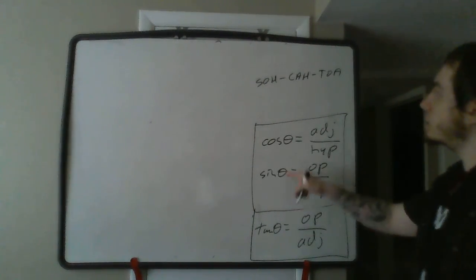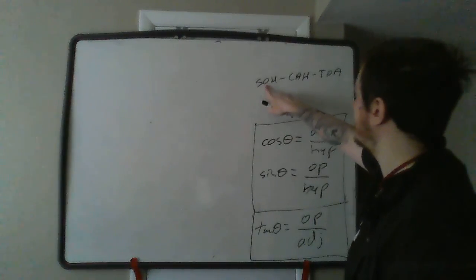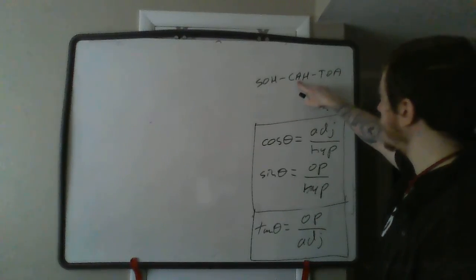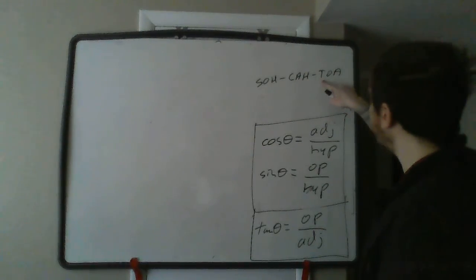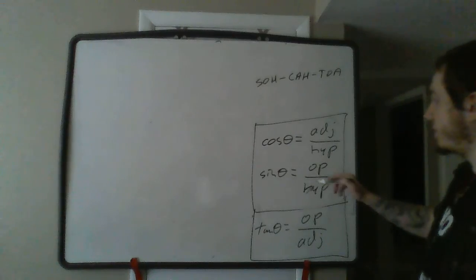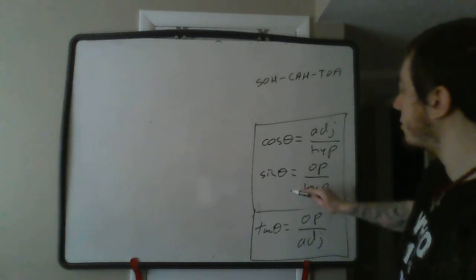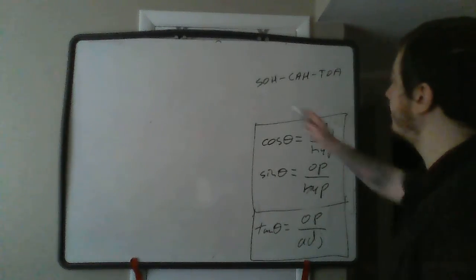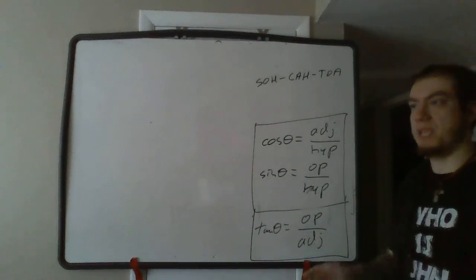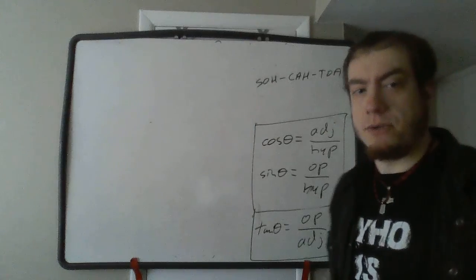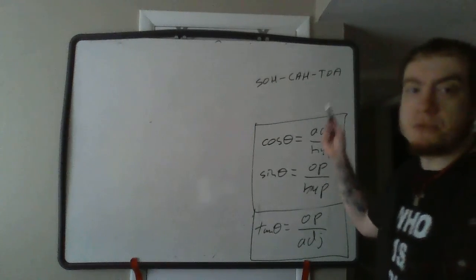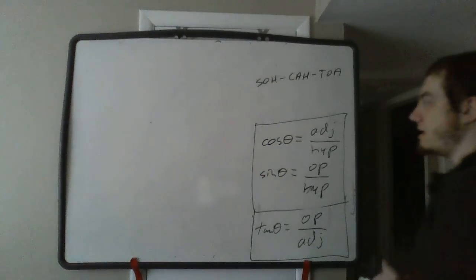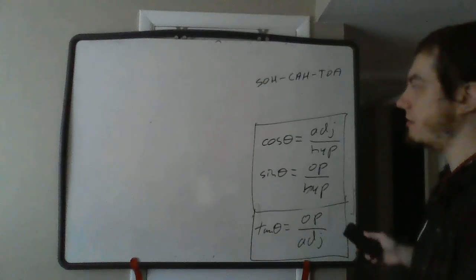And the way that this works is sine is opposite over hypotenuse, cosine adjacent over hypotenuse, tangent opposite over adjacent. So it really is just a way of remembering these three relationships for triangles, using this little nonsense word mnemonic. If that doesn't help you, then feel free to completely ignore it and never think about it again. But if it does help you, then that's good, because you want to be able to remember this stuff.